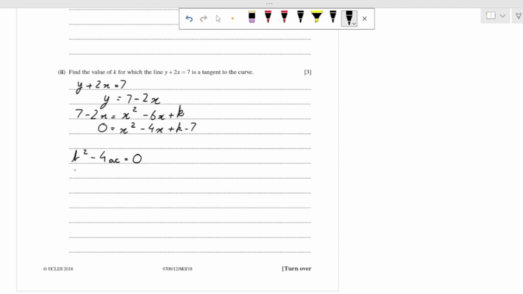And now we can substitute the values: minus 4 whole square, minus 4, 1, and c, it's important over here, is k minus 7, not just 7, k minus 7, and that will be equal to 0. That simplifies to 16 minus 4k plus 28 equals 0. And then when you solve for k, you will get 11. That's your final answer.